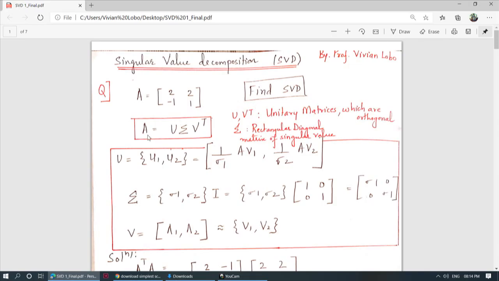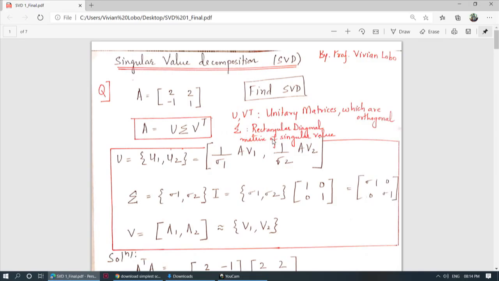Now this matrix A can be split into three major components: U, summation and V transpose, where U and V transpose are nothing but unitary matrices which are orthogonal, and summation is a rectangular diagonal matrix of singular values.